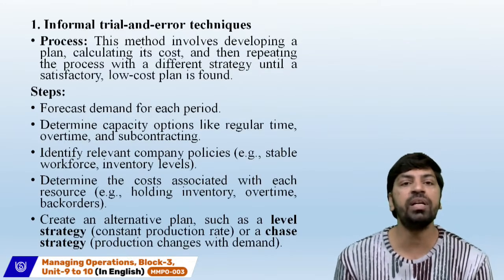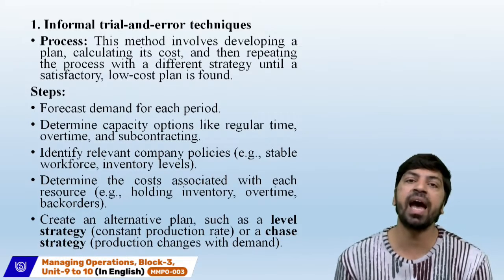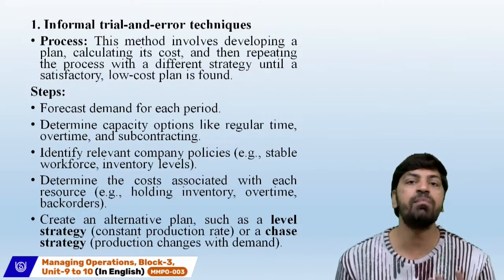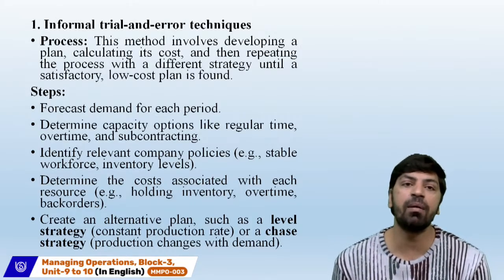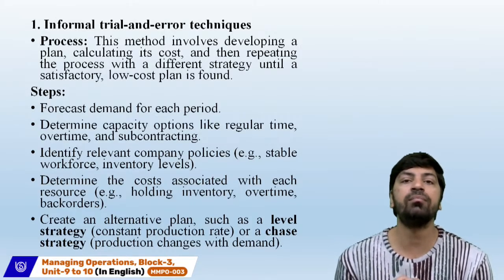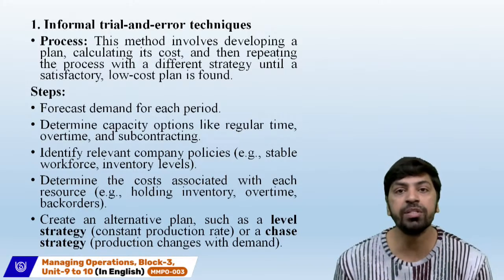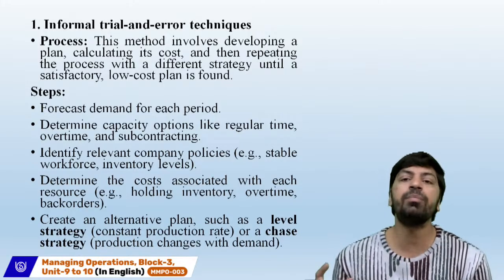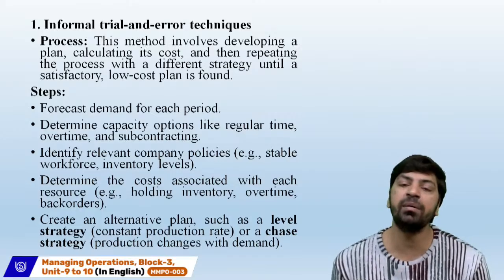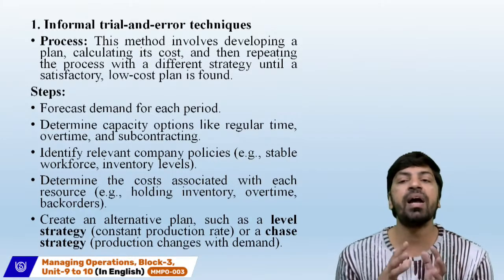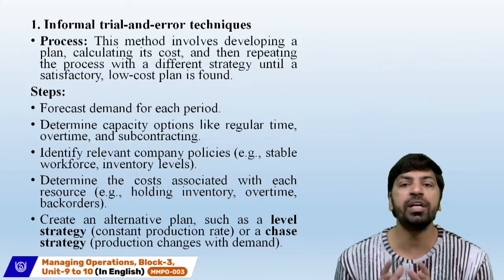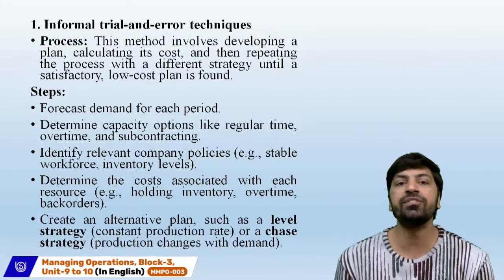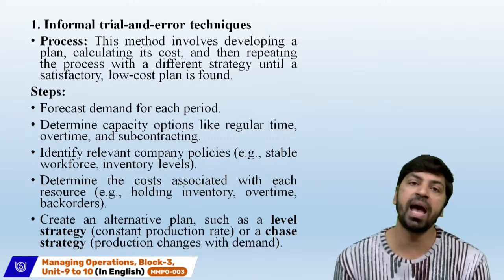So the first one is the informal trial and error technique. This technique aims to develop the plan, calculate the cost, and then repeat the process, which has been decided by the organization, by following different strategies until a satisfactory low cost plan is found.